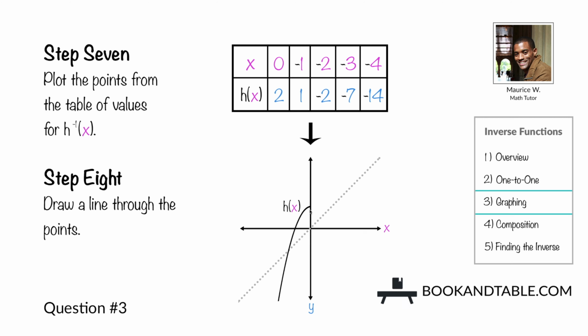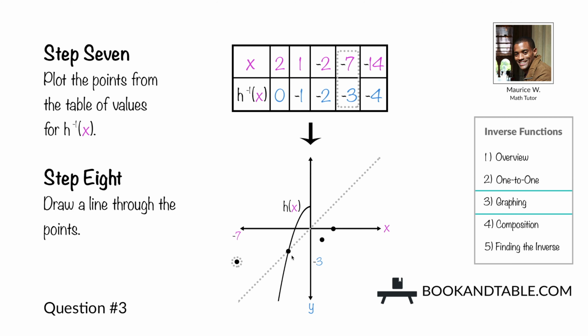And now we take a look at the table for the inverse function, and we plot these points. Our first point is 2, 0. Our second point is 1, -1. Our third point is -2, -2.